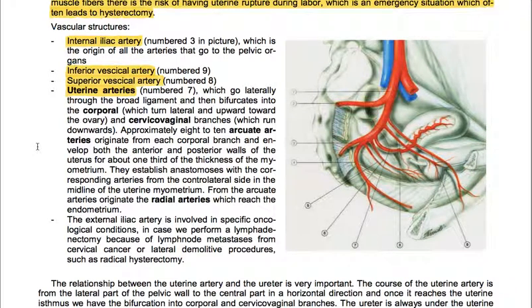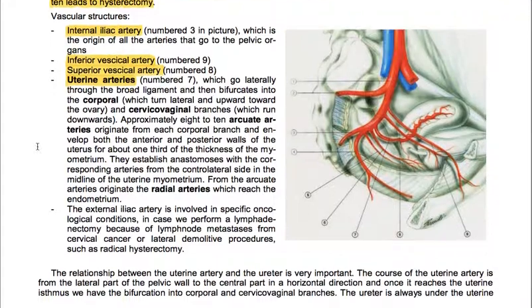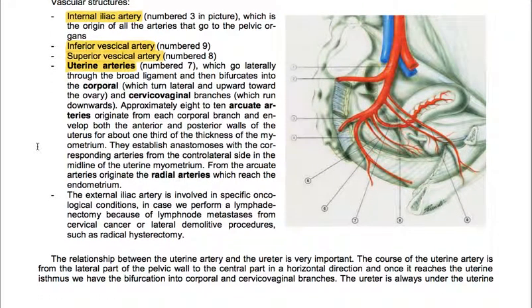Approximately 8 to 10 arcuate arteries originate from each corporal branch and they envelop both the anterior and posterior walls of the uterus for about 1/3 of the thickness of the myometrium.